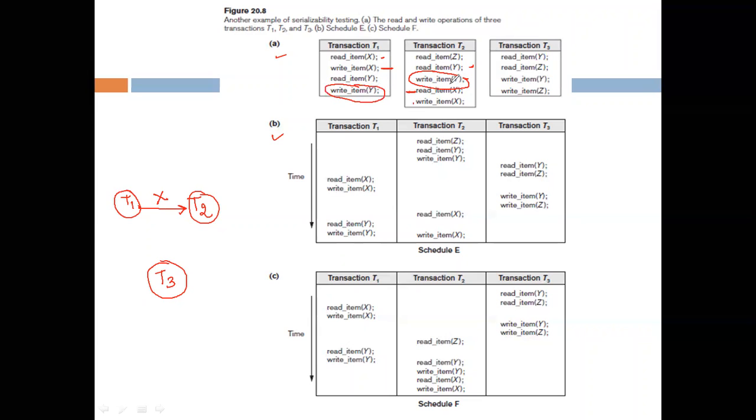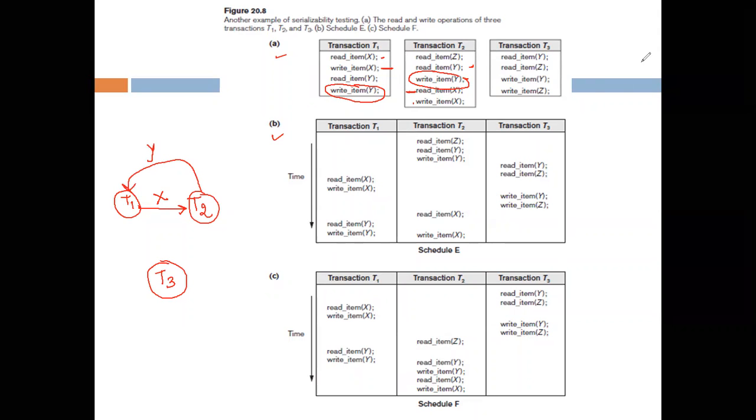It is in transaction 2. So transaction 2 writes y first, so there should be an edge from transaction 2 to transaction 1 over variable y.